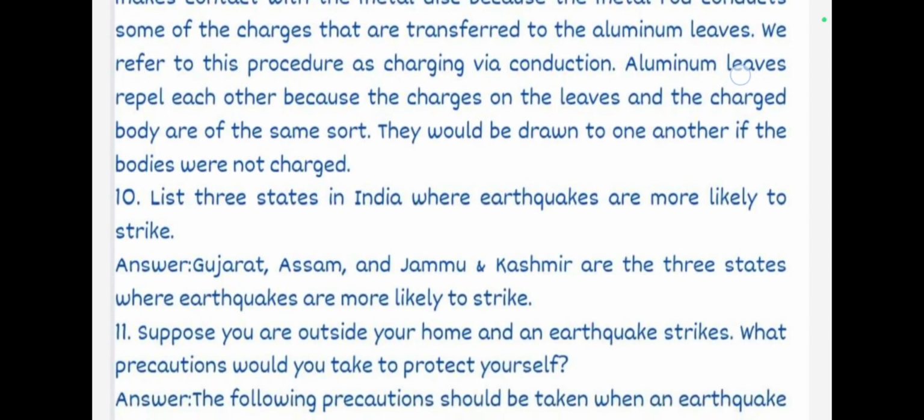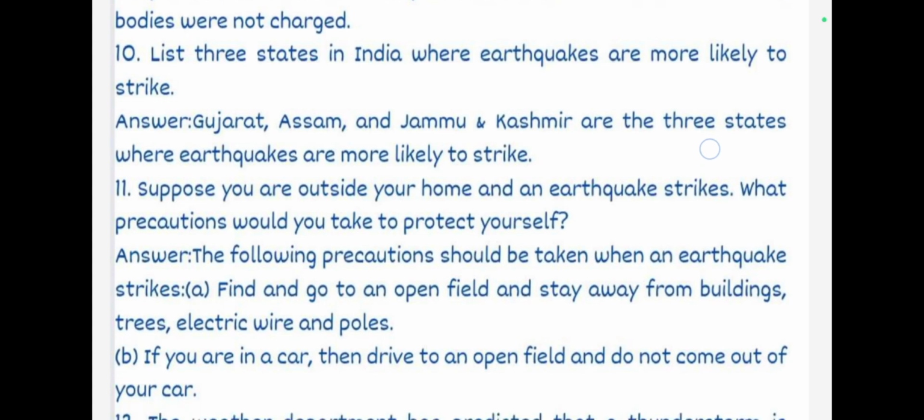Question 10. List three states in India where earthquakes are more likely to strike.